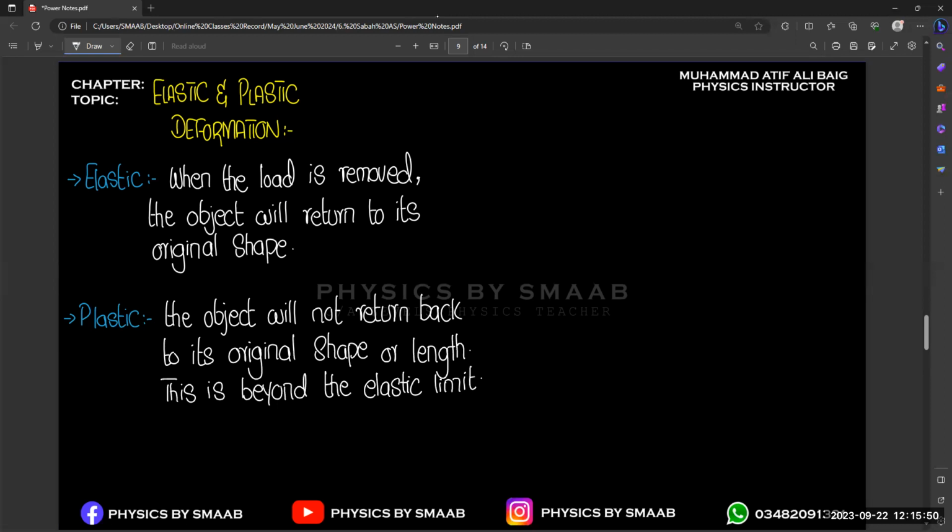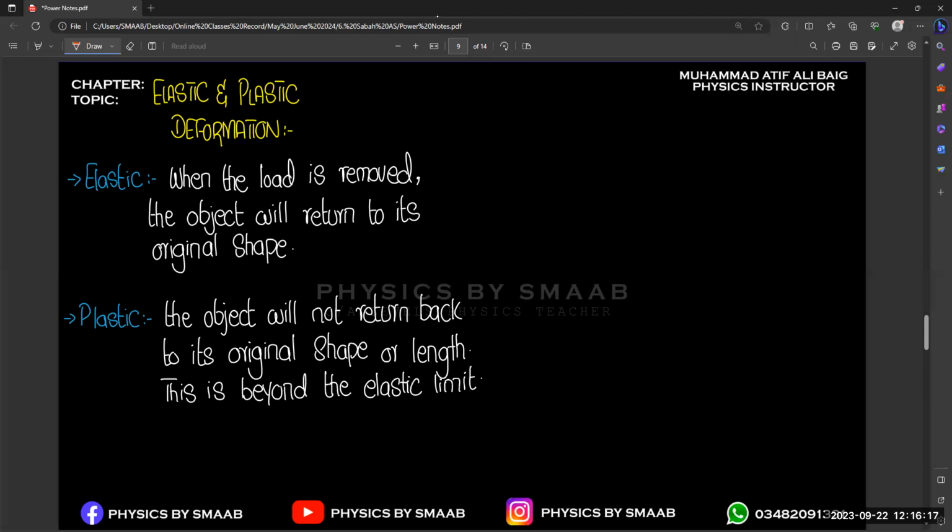So this is the concept of elastic and plastic limit, right? And we already know about the concept of elastic limit or elastic deformation. Further, if we talk about the graphical representation, which region shows you the plastic limit and which region shows the elastic limit.